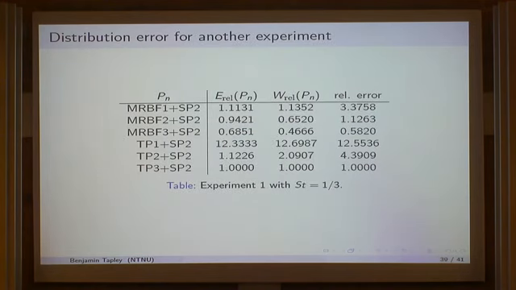I did the same thing for a different Stokes number just to check it wasn't a fluke, and we get similar results. Again, the MRBF2 solution has worse error, but it represents a more accurate distribution. So that's quite good. This means that perhaps these errors are moving in the correct way. It makes it look like a more qualitatively correct solution.